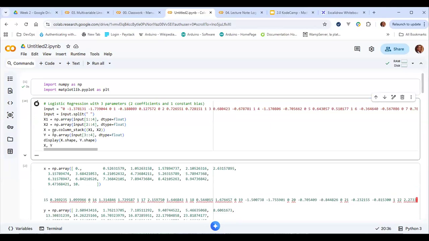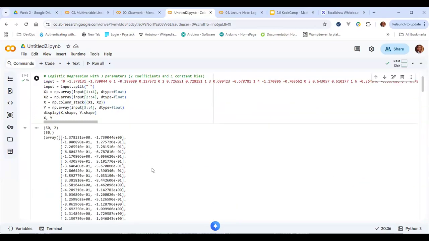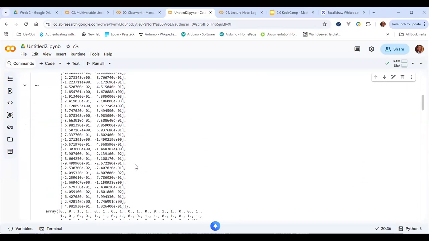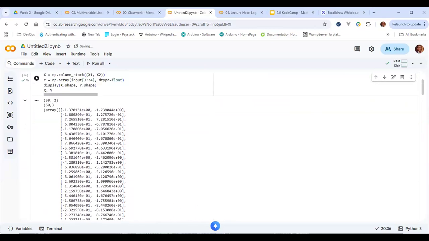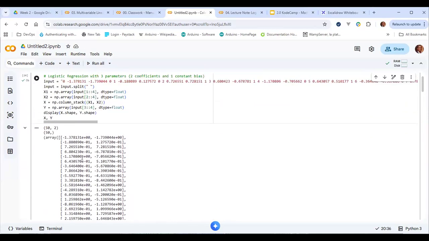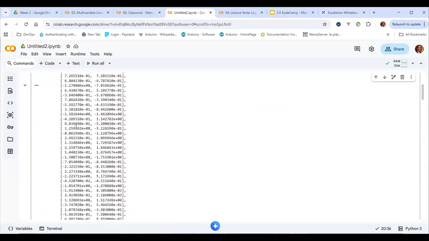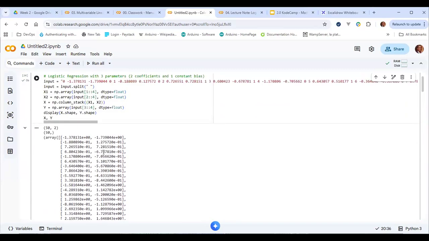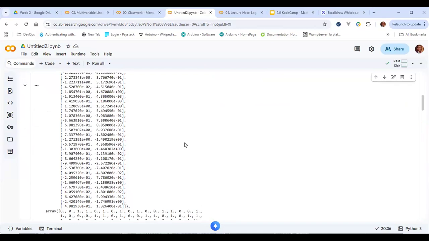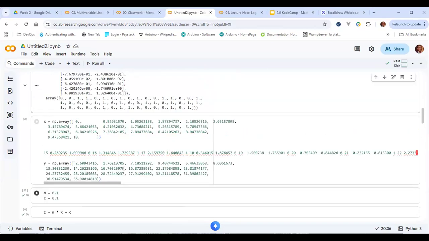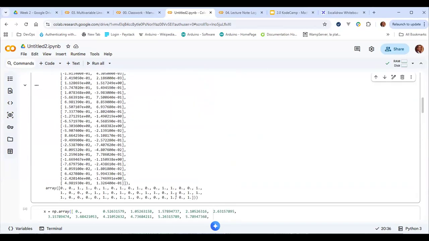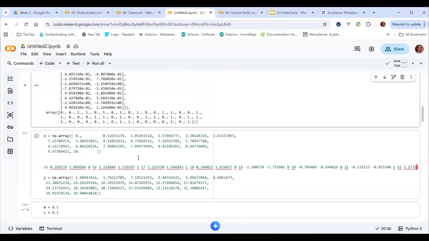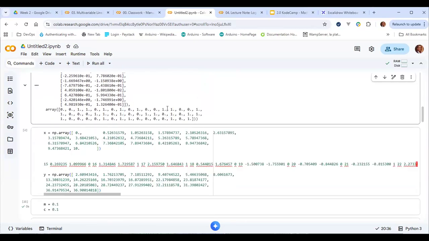So if I run this, you now see that we have two sets of x's, right? This is x1, and this is x2. And then you have this set of values for y. Okay, and you can see that the values of y are either 0 or 1.